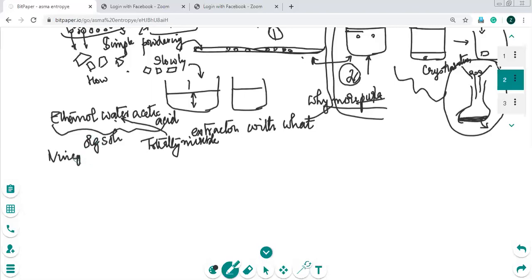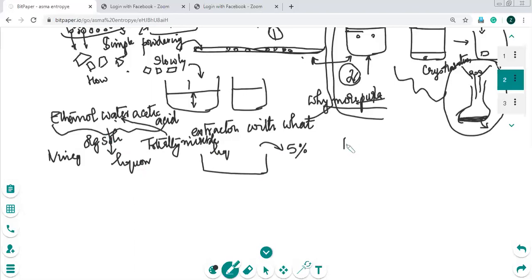No problem. Now, ethanol mixed with water, we call it liquor. Now, do you know how liquor is manufactured? Fermentation, I guess. By fermentation, what is the percentage you get? I don't remember that. 5%.